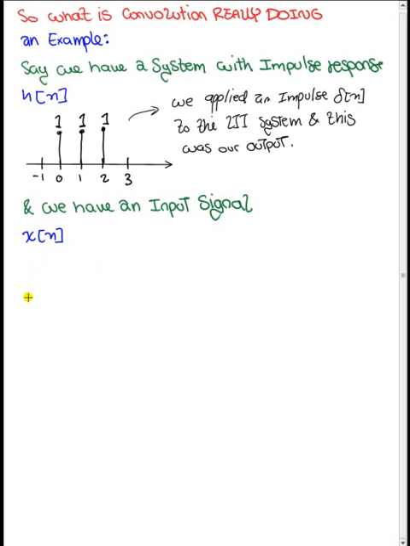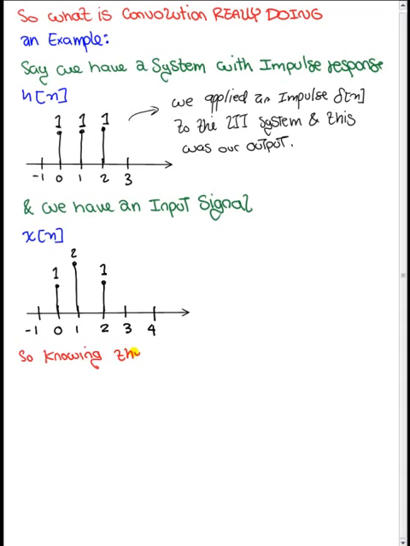It is given by... So now the big point: knowing these two things, and that we have an LTI system, how can we actually figure out the output of the system?